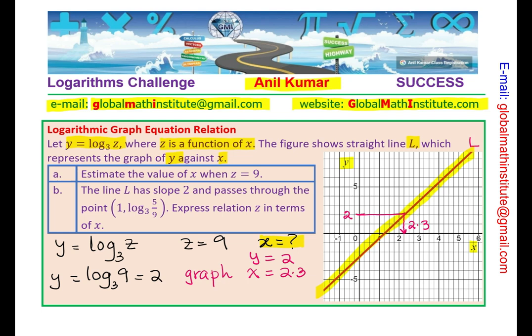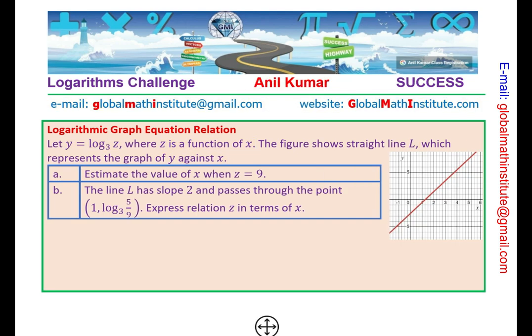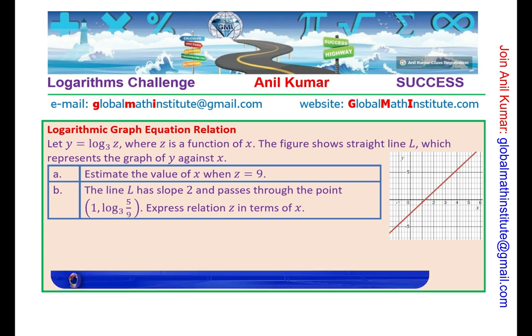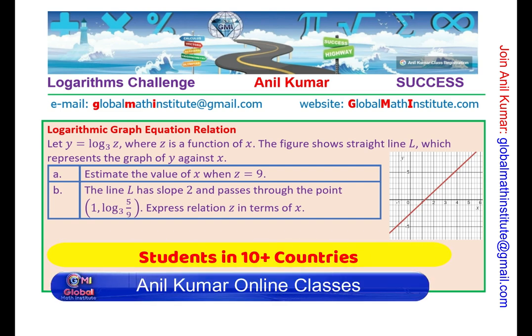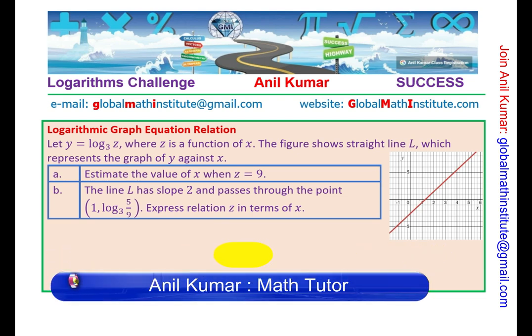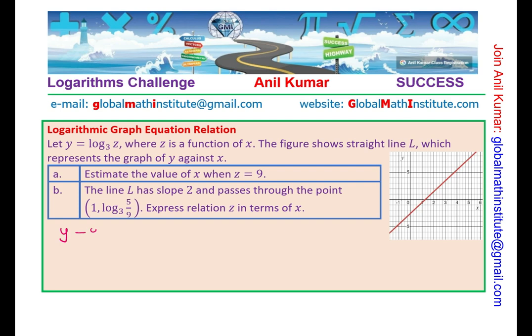Great. Now let's go to part B of this problem, which is: the line L has slope 2 and passes through the point (1, log to the base 3 of 5/9). Express z in terms of x. We could use the equation of a line, which is y minus y1 equals m times (x minus x1).